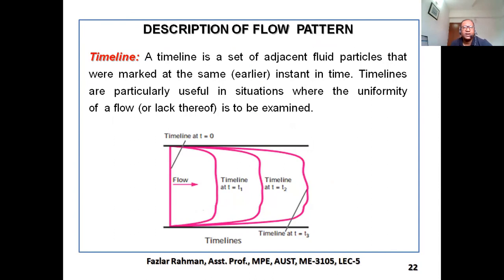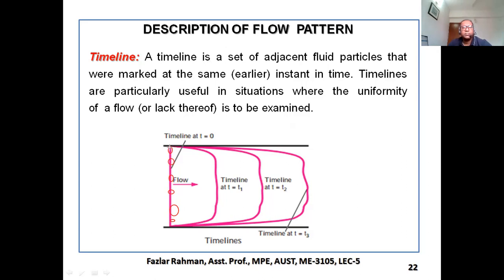Then the timeline. What is the timeline? A timeline is a set of adjacent fluid particles. Adjacent fluid particles means, say, I have a group of fluid particles, and after time t, how they travel along the stream.